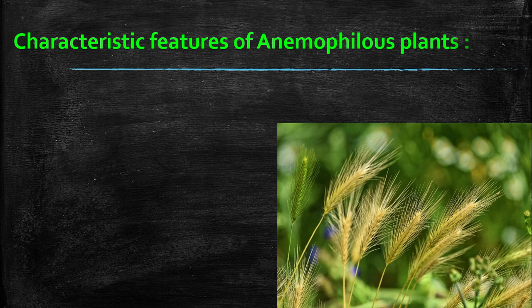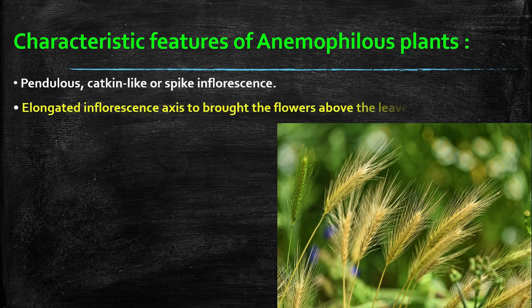Next, the characteristic features of anemophilous plants. First, the pendulous, catkin-like or spike inflorescence. See the pictures, it is a kind of spike inflorescence. Some plants have pendulous inflorescence like catkin-like spike inflorescence. Next, the elongated inflorescence axis brings the flowers above the leaves.